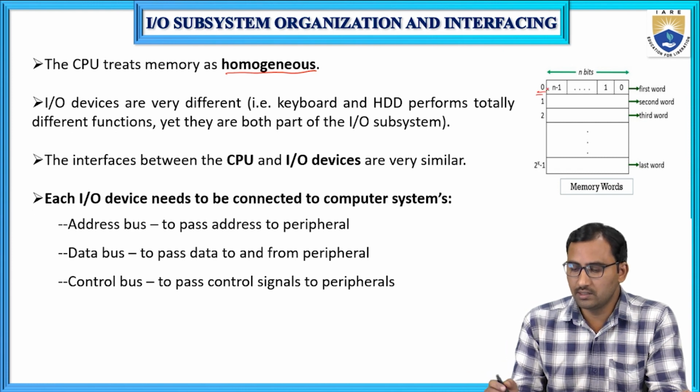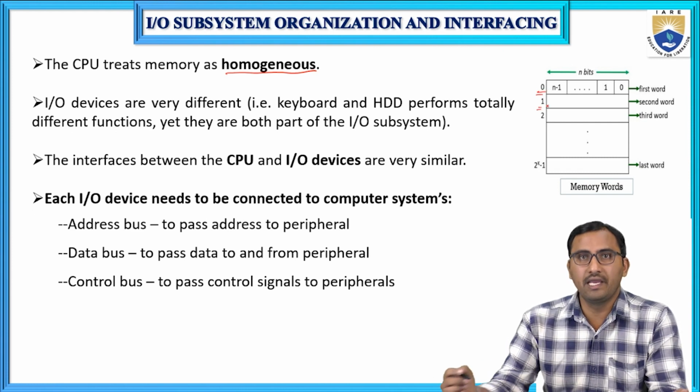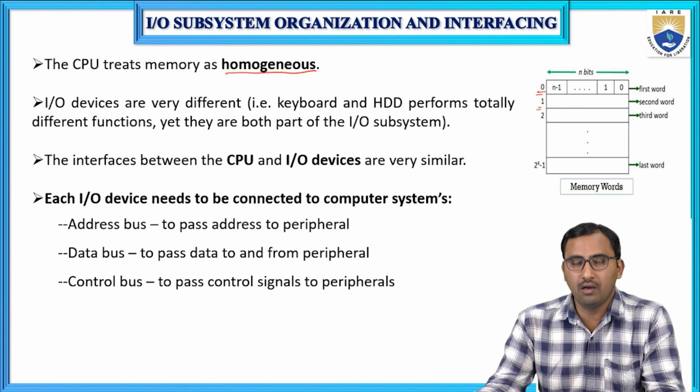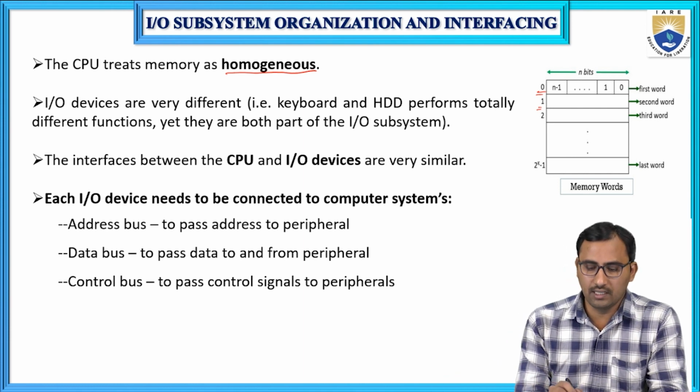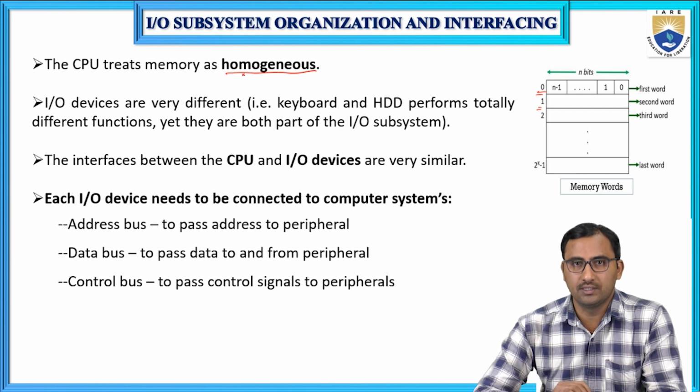Using this address, we can read the data from the memory or write the data into the memory. With respect to the memory, writing the data into a particular memory location or reading the data from it happens in a similar way. That's why the CPU treats the memory as homogeneous.